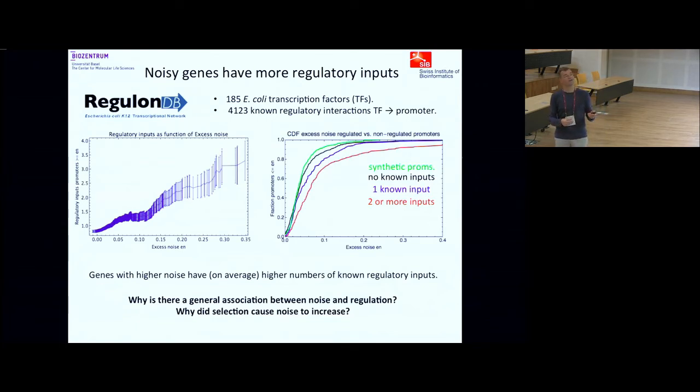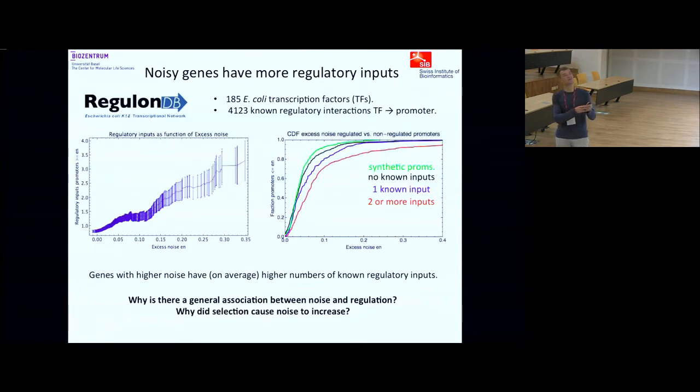All right? Here's another way of looking at it. You can look at what is the cumulative distribution of noise levels. So in green, that's for our synthetic promoters. And now, instead of showing it for all native promoters, I divided the native promoters into those that have no known regulatory inputs, the black ones. For the blue ones, there's exactly 1 regulatory input. And for the red ones, they have 2 or more regulatory inputs.